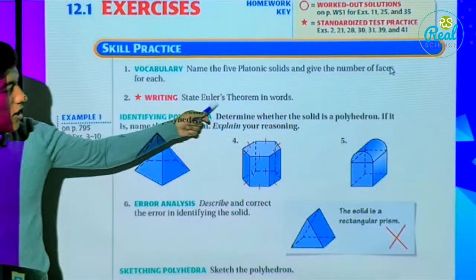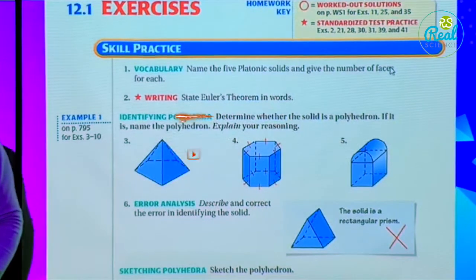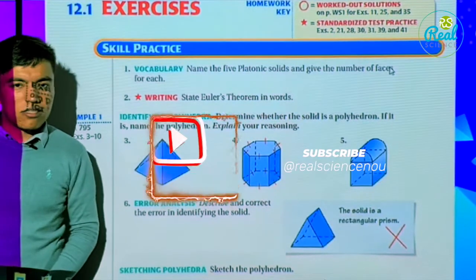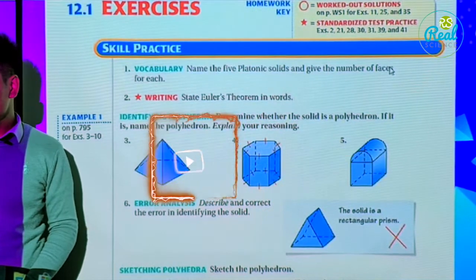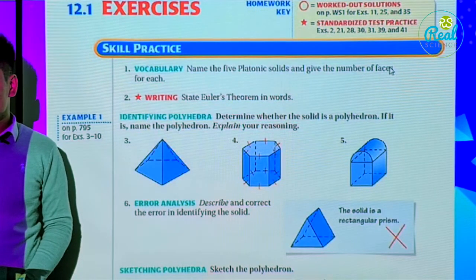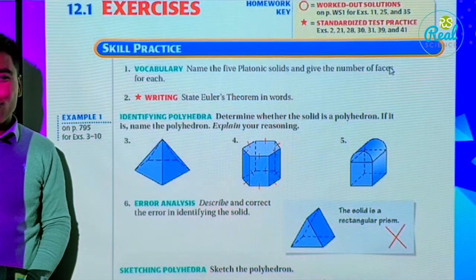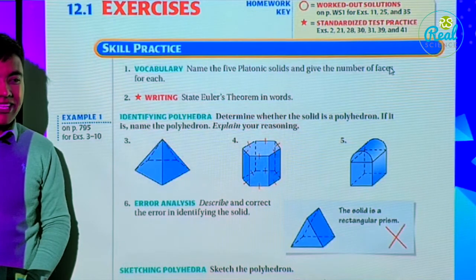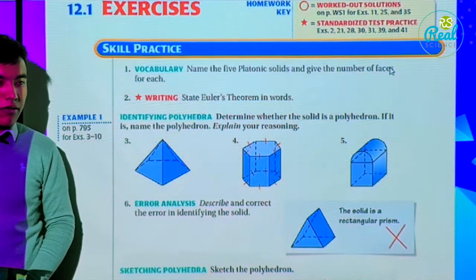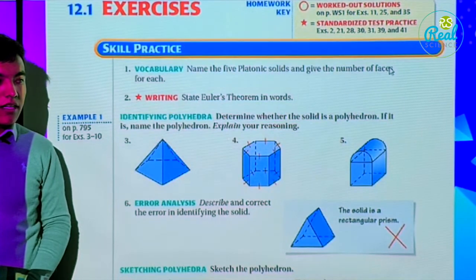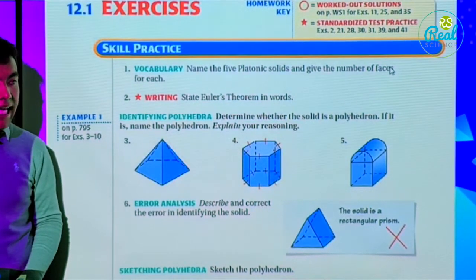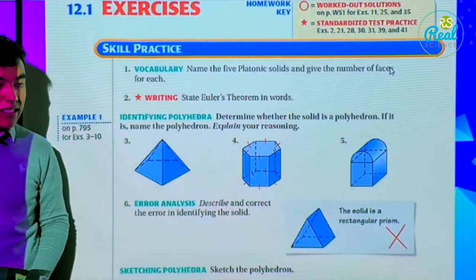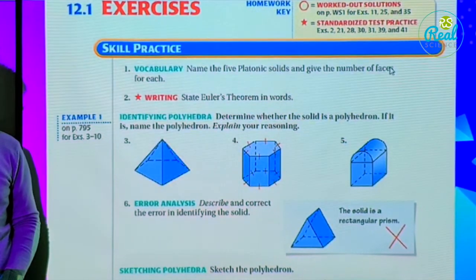And state Euler's theorem in words. Why do we actually need the theorem of Euler? What does this theorem show? The relationship among the vertices, edges and faces of a solid.